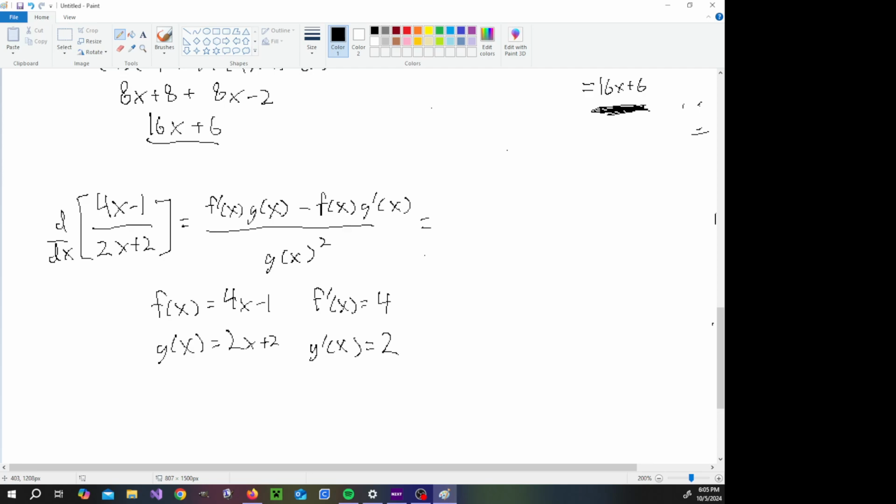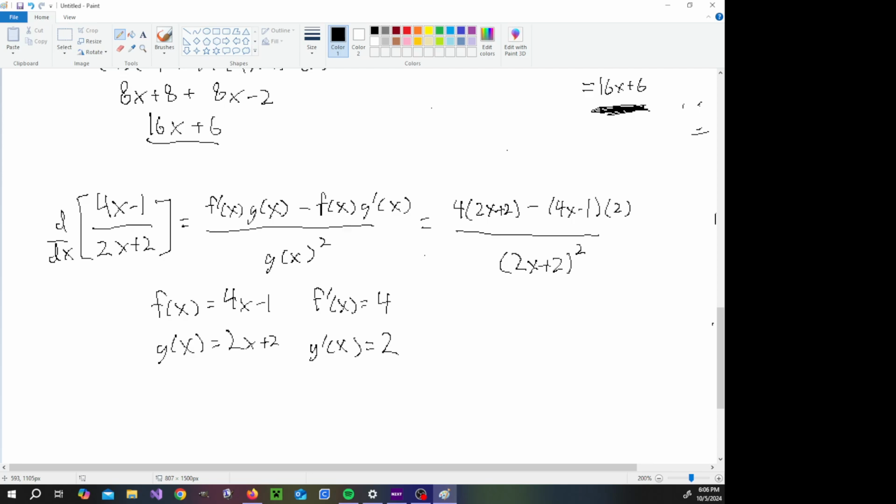So plug all of those pieces into this formula. F prime is 4. G is 2x plus 2. Minus f is 4x minus 1. G prime is 2. And then all over g squared, so 2x plus 2 squared.